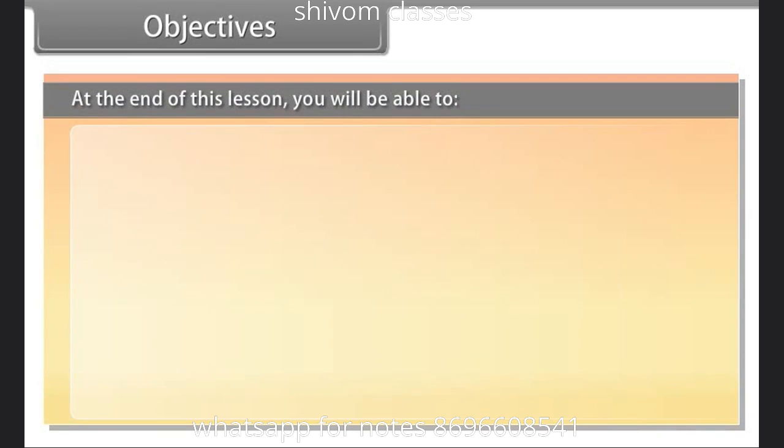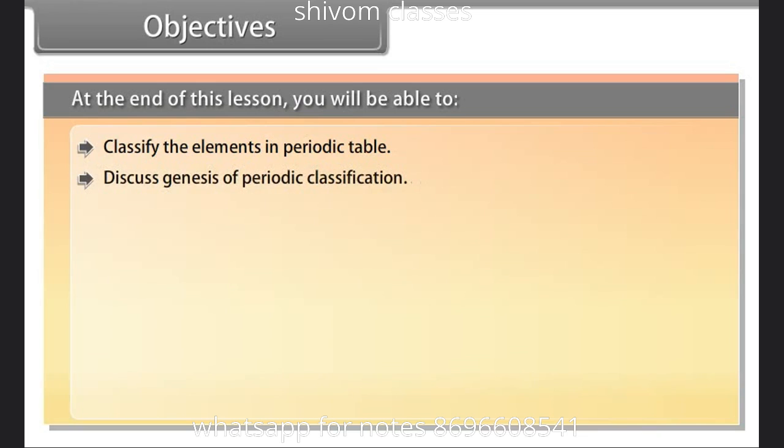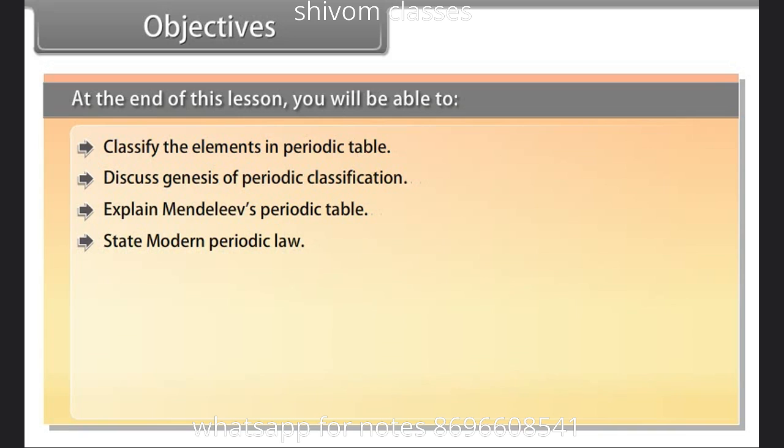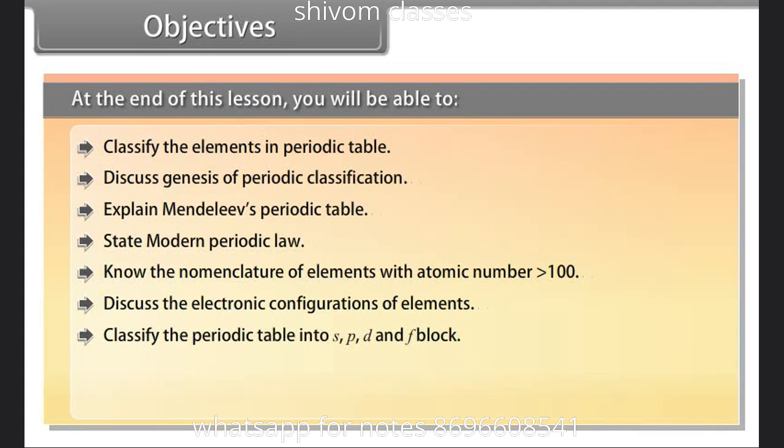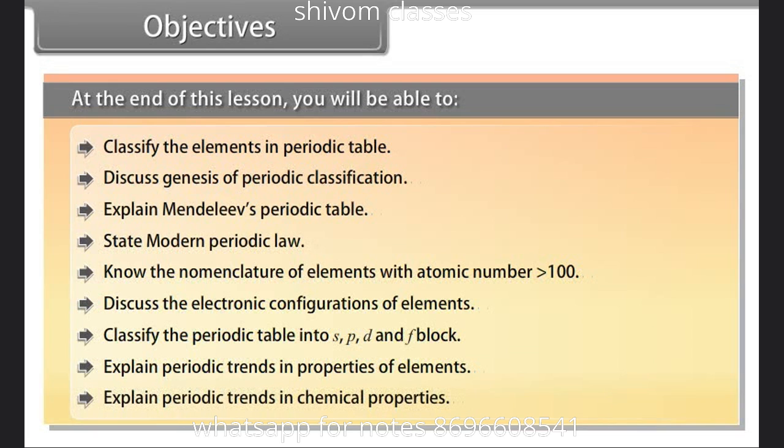At the end of this lesson, you will be able to classify the elements in periodic table, discuss genesis of periodic classification, explain Mendeleev's periodic table, state modern periodic law, know the nomenclature of elements with atomic number greater than 100, discuss the electronic configurations of elements, classify the periodic table into S, P, D and F block, explain periodic trends in properties of elements, explain periodic trends in chemical properties.